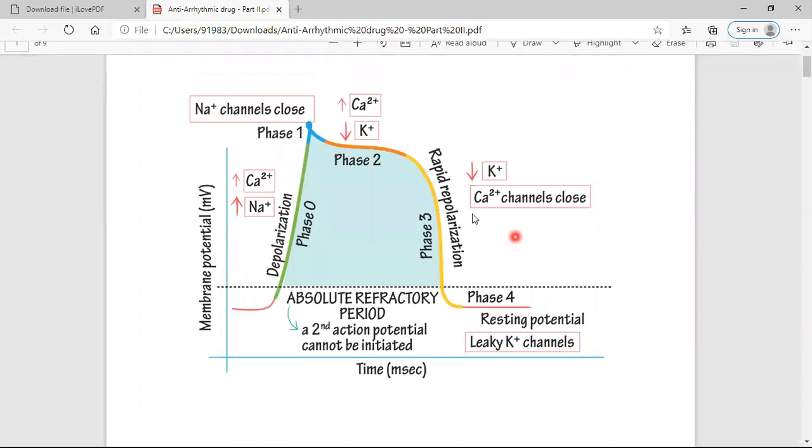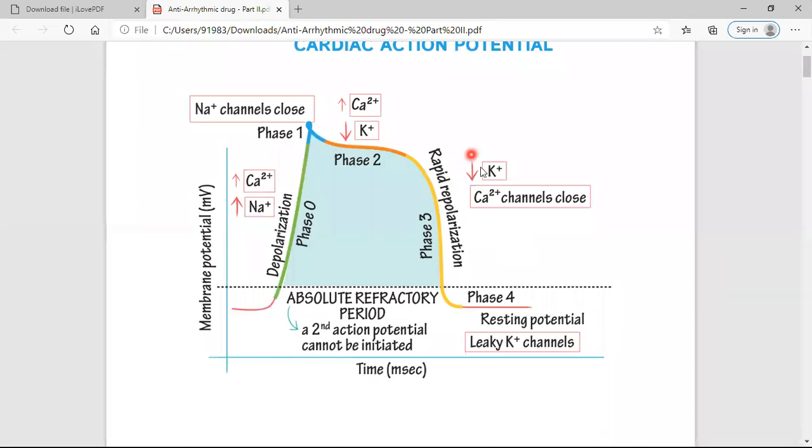Class 3 blocks this potassium channel, and by blocking the potassium channel it prolongs the repolarization and the effective refractory period, from phase 0 to phase 3, due to which it increases. So if you are asked the mechanism, you must draw this action potential diagram.